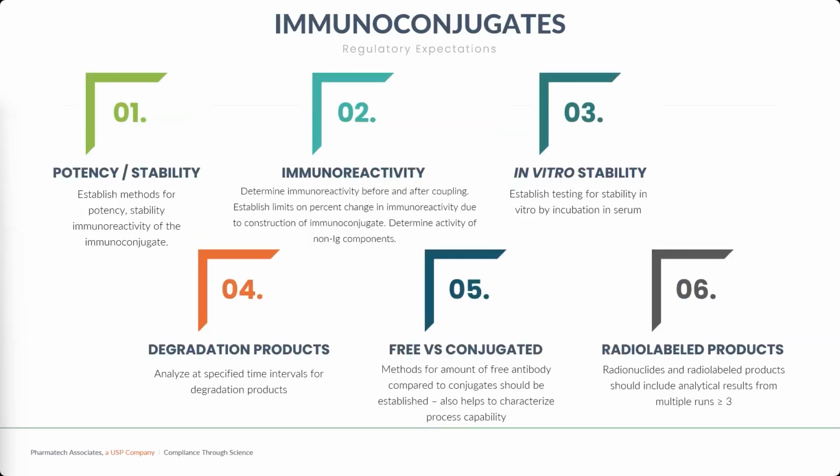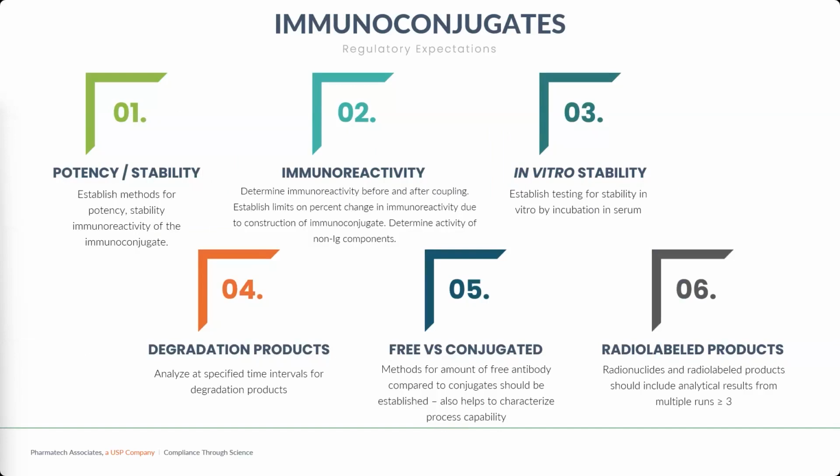They do indeed, right? For immunoconjugates, as we've alluded to previously, these are much more complex molecules. And so you have two levels of potency and stability concern, right? That of the antibody itself that's recognizing the antigen that's trying to treat a condition or disease. And more importantly, it's also the conjugate itself, right? Is the conjugate stable in the system?